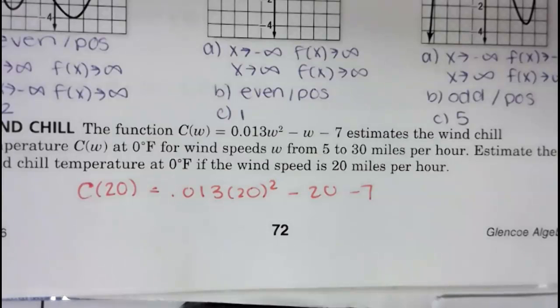So 20 squared would give you 400. 400 times 0.013 is 5.2, minus 20, minus 7, negative 21.8.